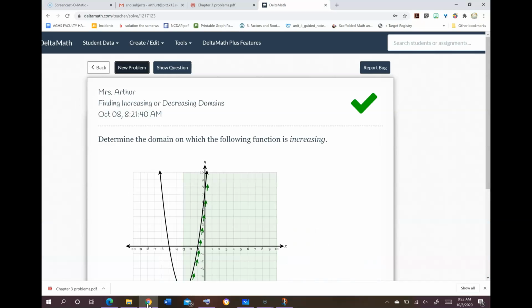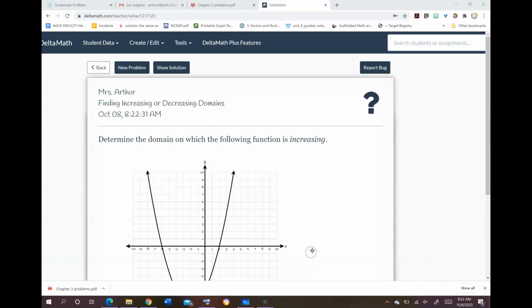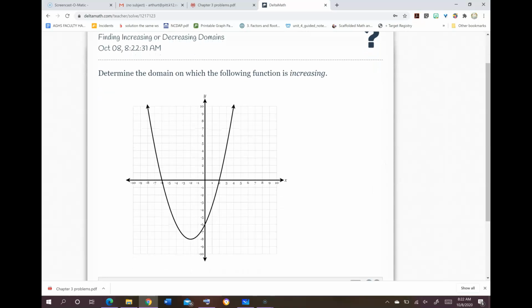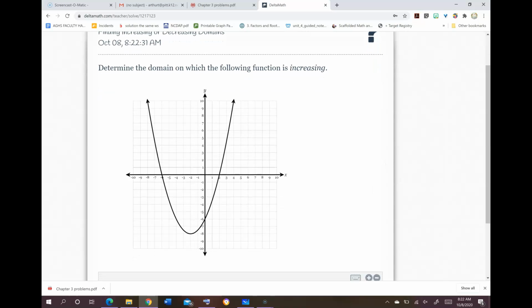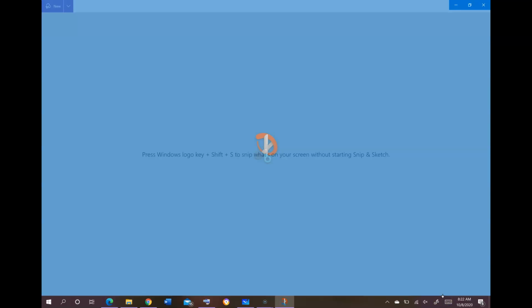Okay, let's do another one. I think it's all quadratics, to be honest with you. I'm probably gonna do this one and one more. So this one wants to know, where is it increasing?